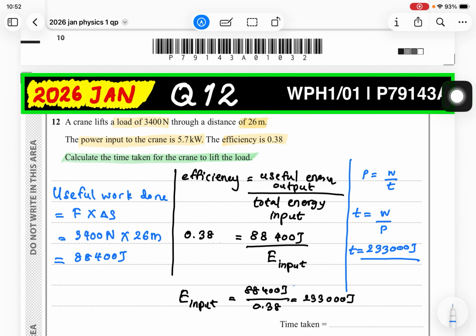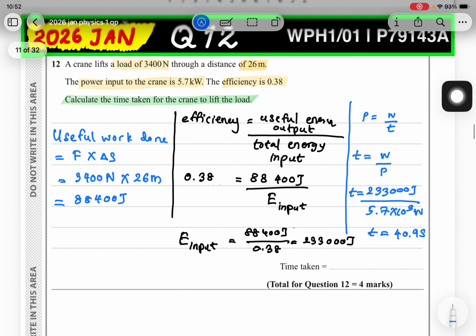The power of this machine is 5.7 kilowatts, so it's 5.7 times 10 to the power 3 watts. You're going to get T as 40.9 seconds. They didn't ask us to estimate it anywhere else, so we can just put our answer as 40.9 seconds.